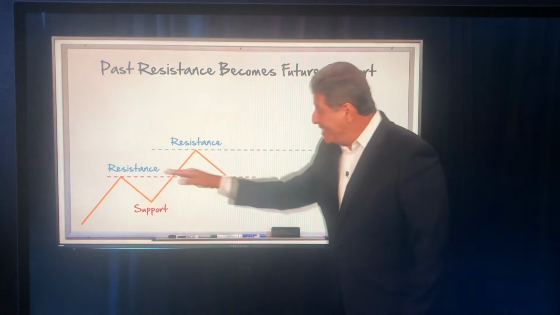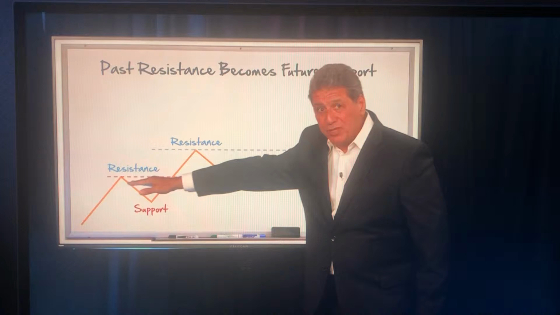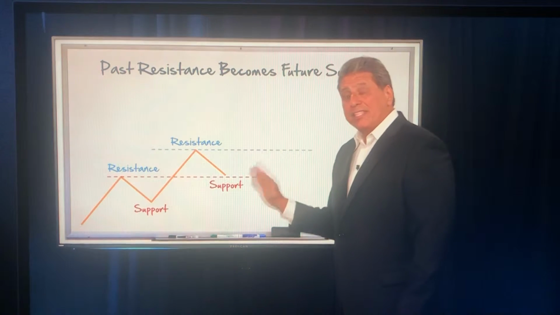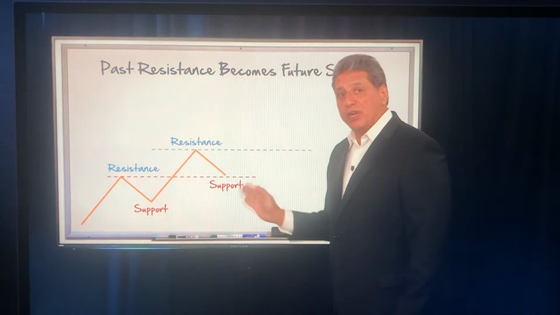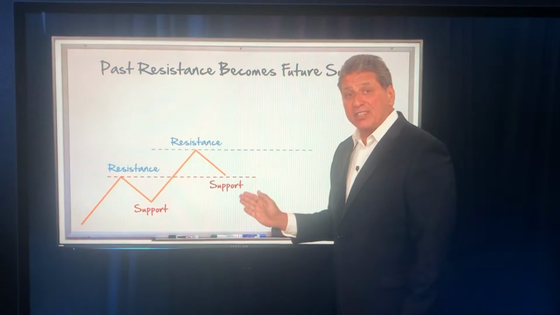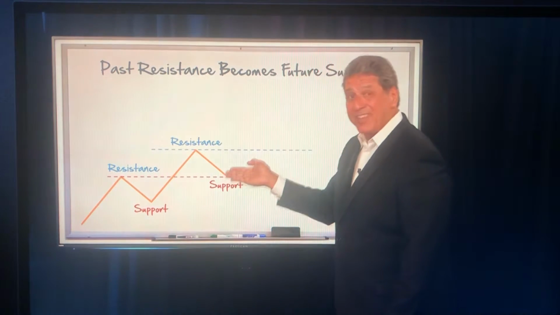It's at this level, past resistance becomes future support, that this becomes a great location for a trader to be looking for a bullish signal to get in the market and take advantage of the next up move.